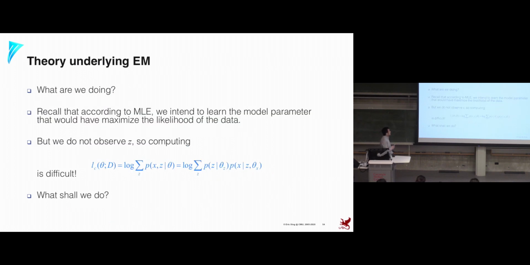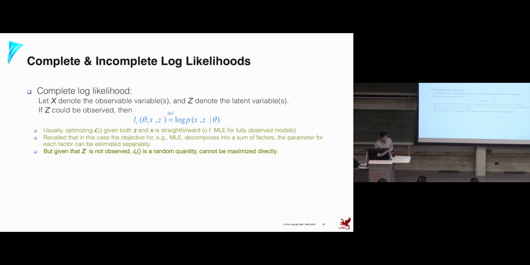All right, so now let's get down to the theory, why this is legitimate. Is that a pure trick or a heuristic or what? Okay, so back to the question. We don't want to work with this guy because it is causing computational difficulties due to coupling of the terms. Let's start looking at a different term, which is known as the complete likelihood, regardless of data being observed or not.